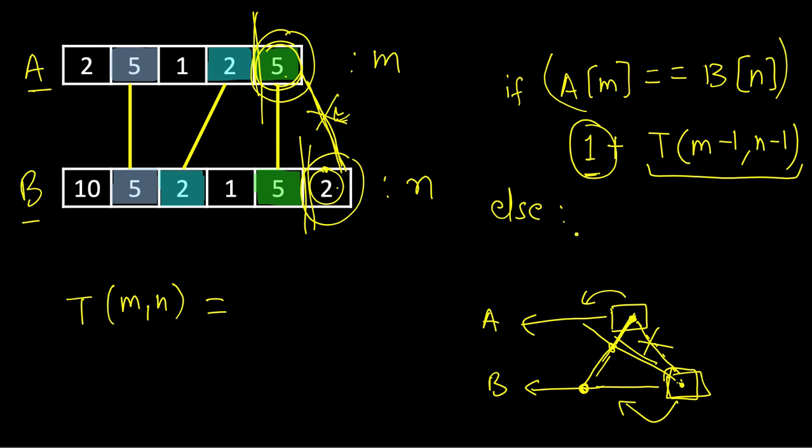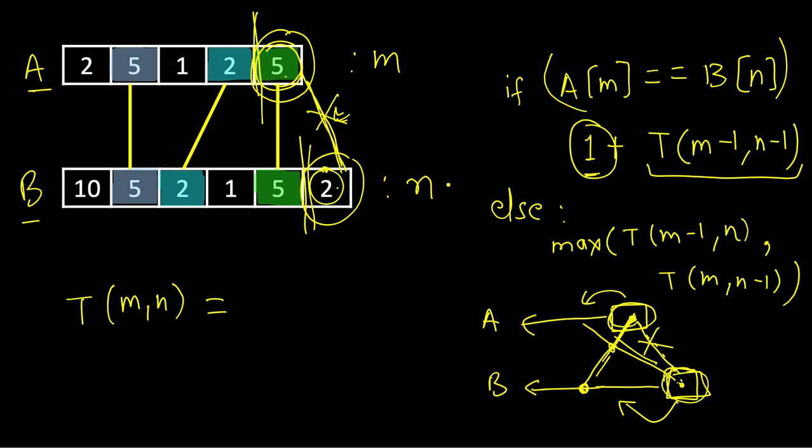So if they are not equal, then we will take max of T m minus 1 n and T m n minus 1. So at least one of the numbers is not part of the solution, either this or this. Both of them may not be part of the solution as well.